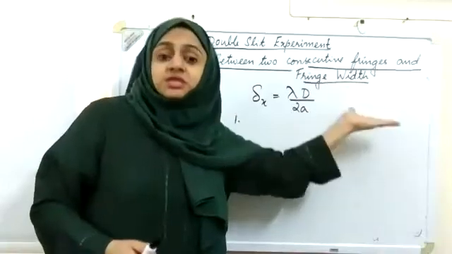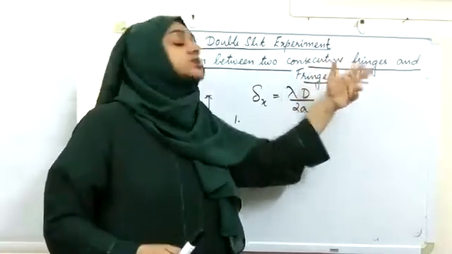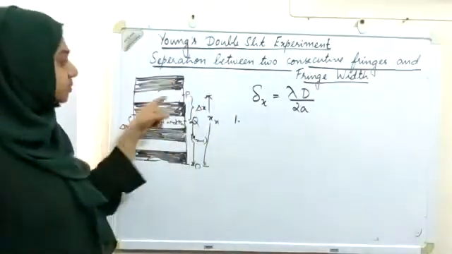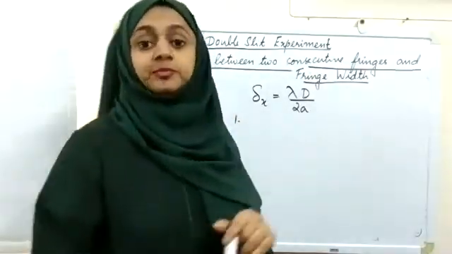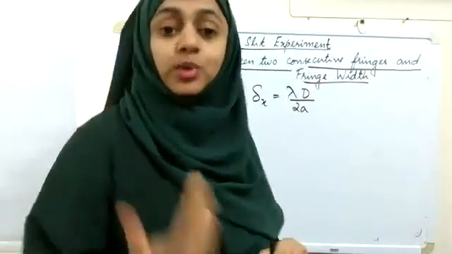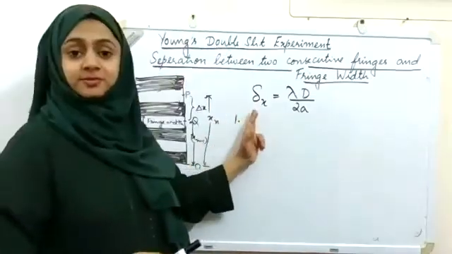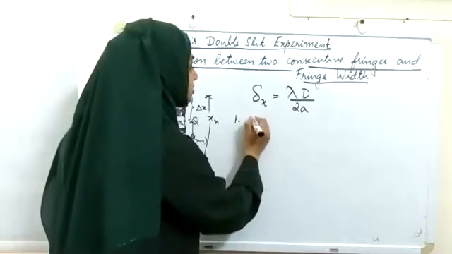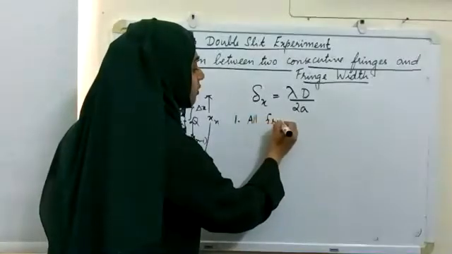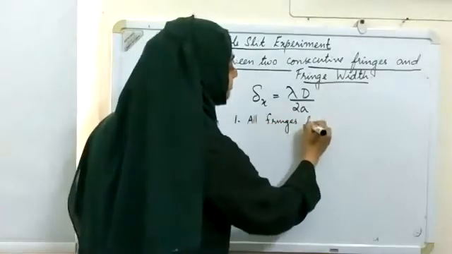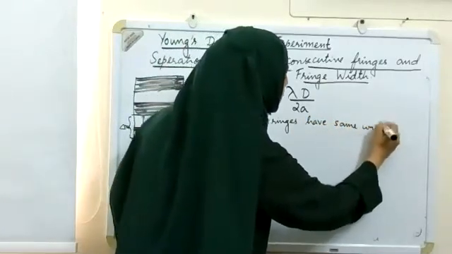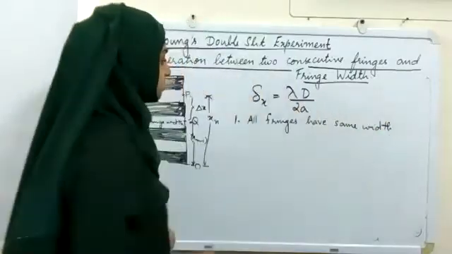We didn't specify whether it is two consecutive bright fringes or dark fringes, even though we considered bright fringes for the derivation. So all the fringes, bright or dark, will have the same width, since n is not there in this equation. That is the first point to be noted from this equation.